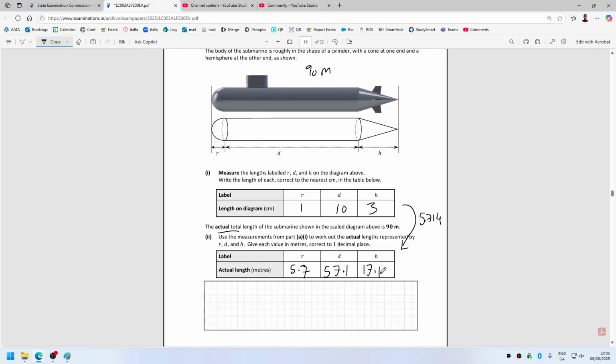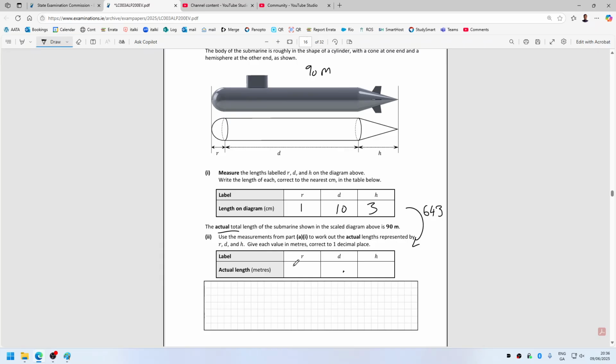So, 70. Oh, I mistyped it. Rats, I typed it in as 80 instead of 90. Why was I thinking 80? 90 divided by 1 plus 10 plus 3. It's scaling up by 6.43 times bigger, roughly.